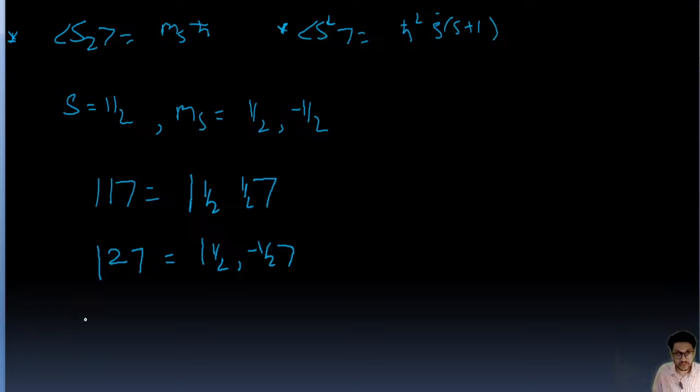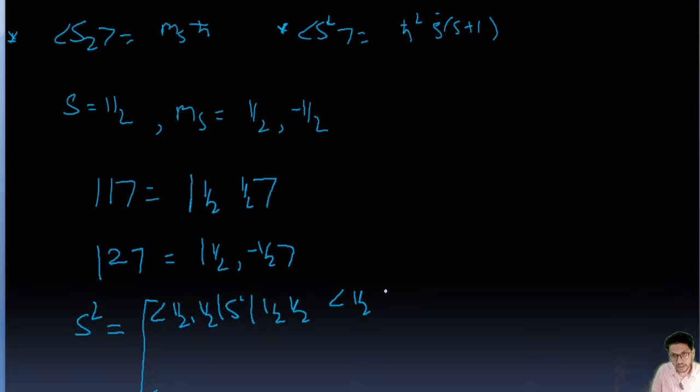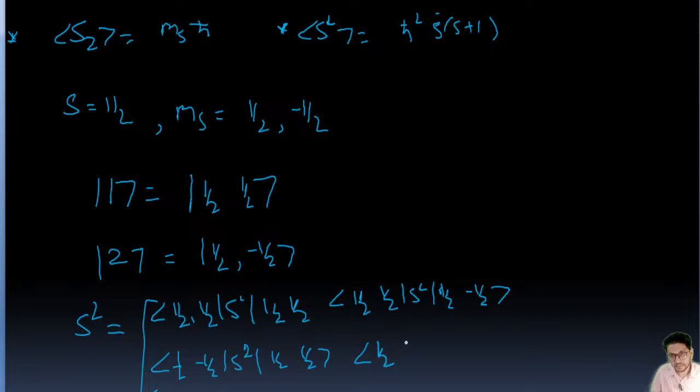So we'll represent the matrix of S squared with the elements between half half and half minus half states.